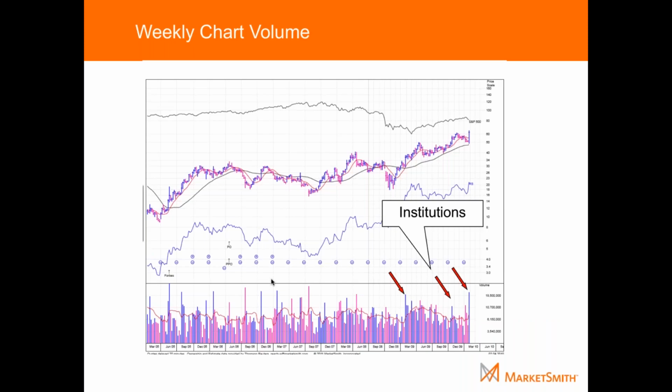Okay, so let's go through a few examples. We're going to look at some stocks, and we're not going to show the names because it's not so important that we know the names of the company. We've studied some of the biggest winners going back to the late 1800s, and really the concepts of price and volume remain the same.